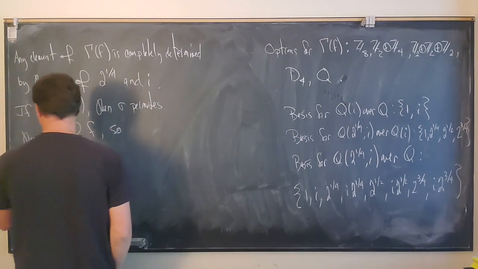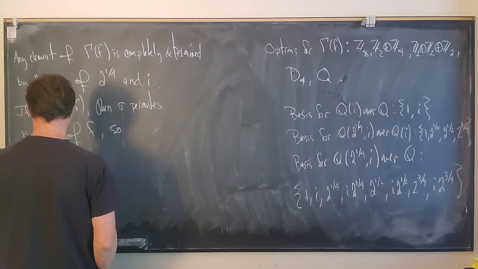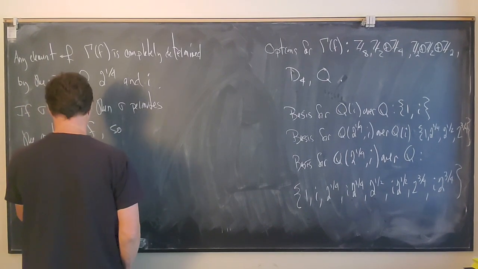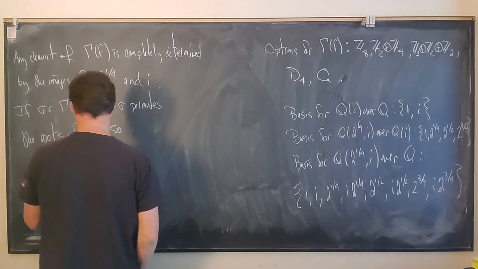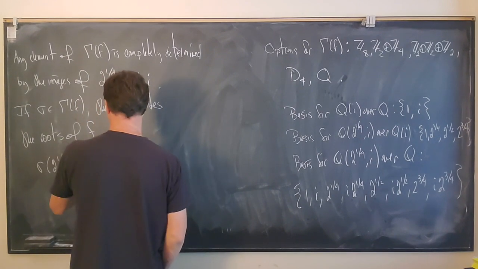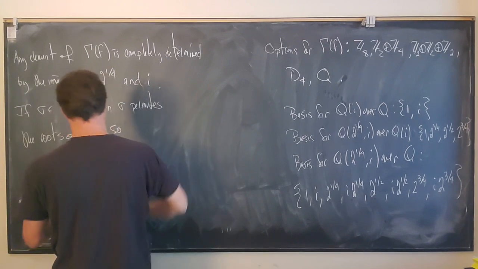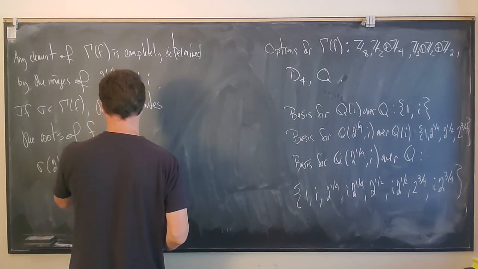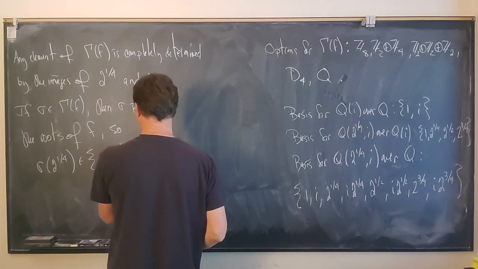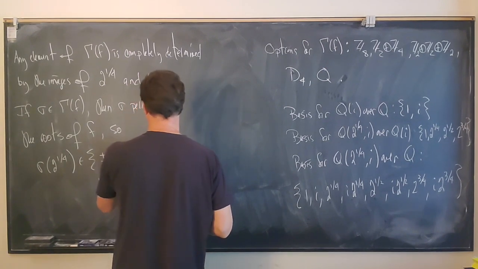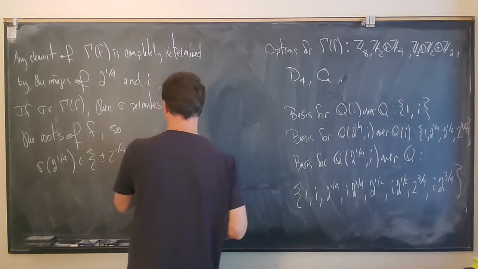So what that means is that sigma of 2 to the 1/4 has to live in the set, I guess it's really plus or minus 2 to the 1/4, and plus or minus i times 2 to the 1/4.